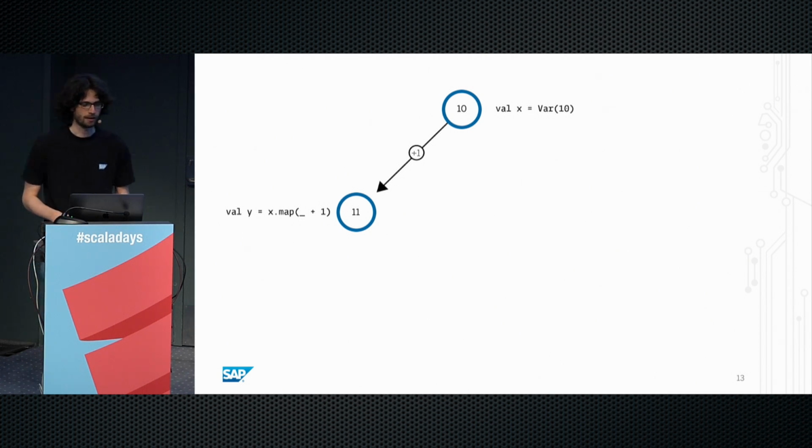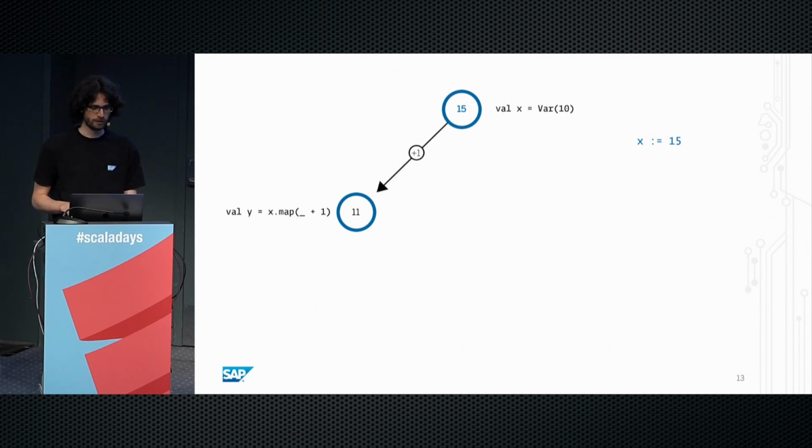Now let's say this x value changes. We could, for example, change it to 15. So what happens then is that the 10 is updated to 15. Note that we don't use x equals 15 here, but we use colon equals 15. That's a function of this variable, of this Var type.